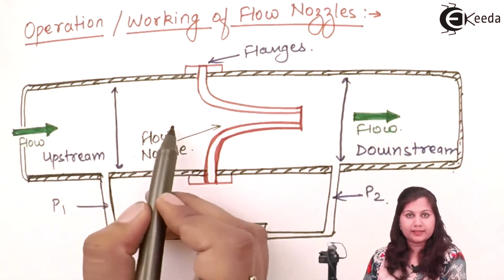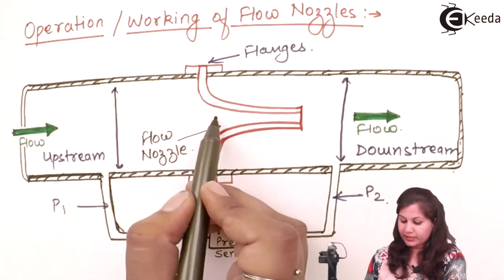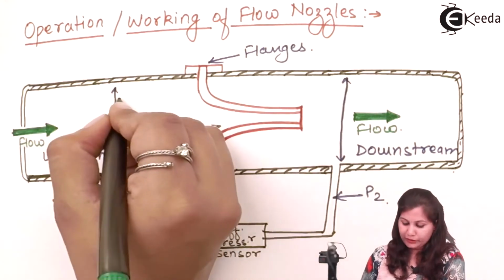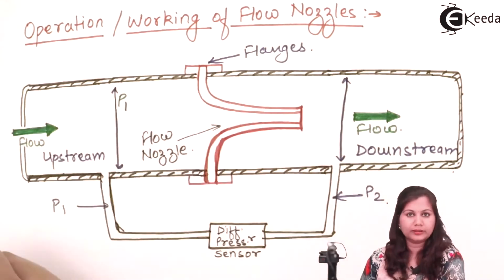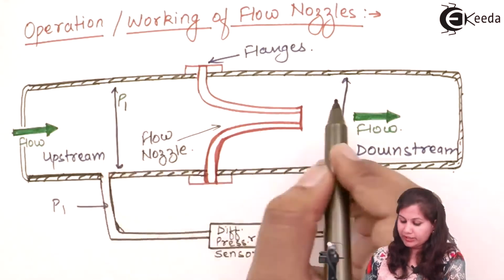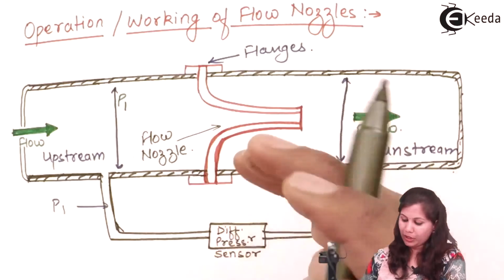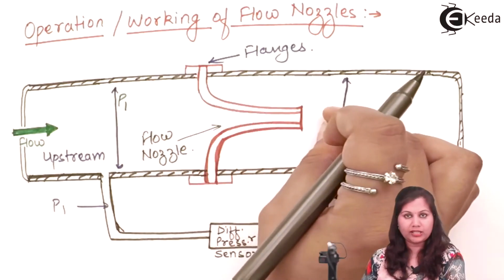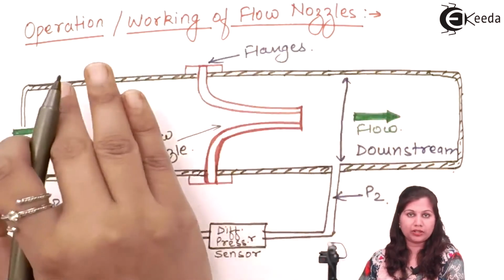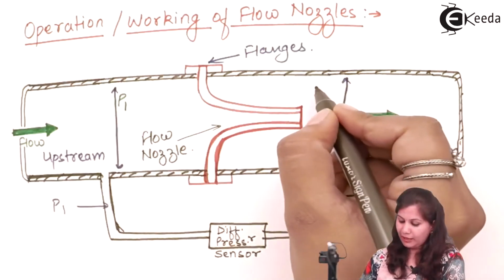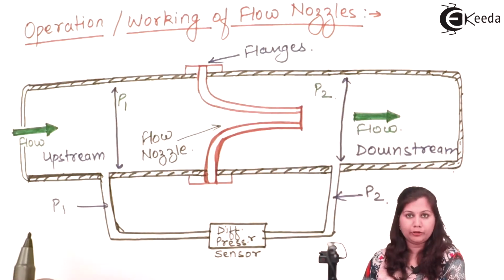When this fluid is flowing and entering, the pressure here is called P1, and when it is coming out there will be a pressure drop, because the velocity is increased, and when velocity is increased, pressure is minimum. So here we will have a different pressure called P2.